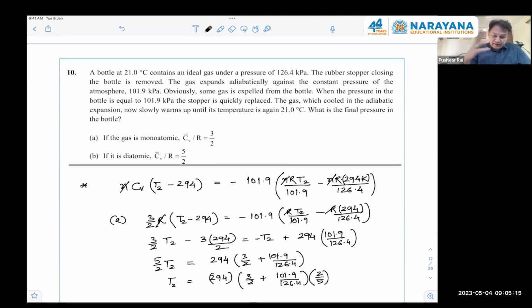The gas will expand, of course, under low pressure condition, so the temperature of the gas will drop, and the gas will also leak. Don't worry about the leakage. Whatever gas is going out, let it go. Whatever is left will have a lower temperature. Just think about it, that is the only point. So we can use this equation to get the value of T2.